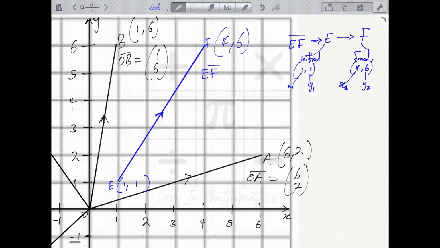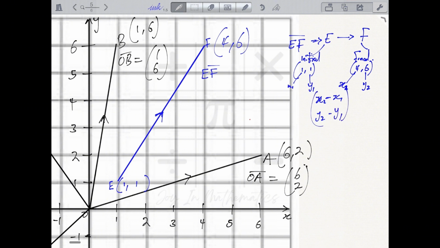The simple way to evaluate the vector of this line segment EF is to say x2 minus x1, y2 minus y1.